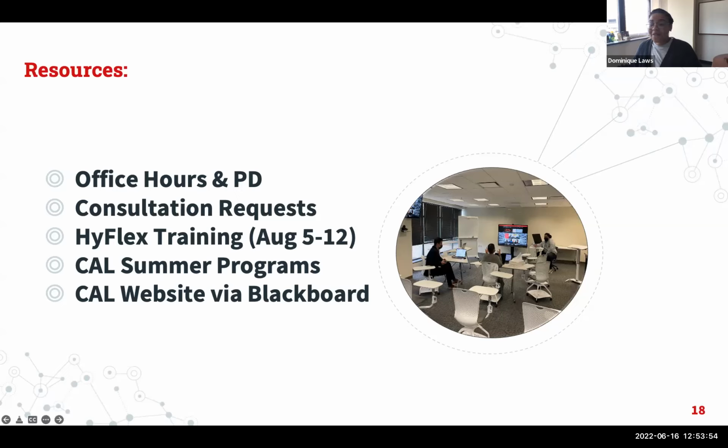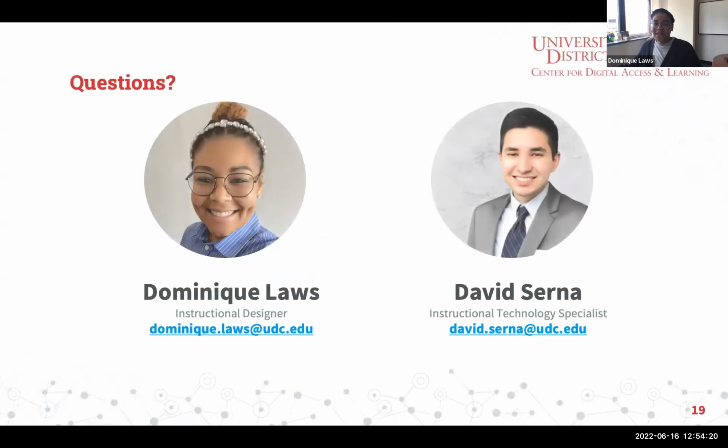And we have fun activities. Yesterday, we just had games and popsicles. So if you're interested in coming and having summer fun with C.A.L, we'll definitely let you know when the next events are. But I hope that you guys really learned something today about accessibility, and that if you're interested in learning more, you'll reach out and we can help you with your courses. So our next slide is just if you have any additional questions or concerns that David or myself could answer.